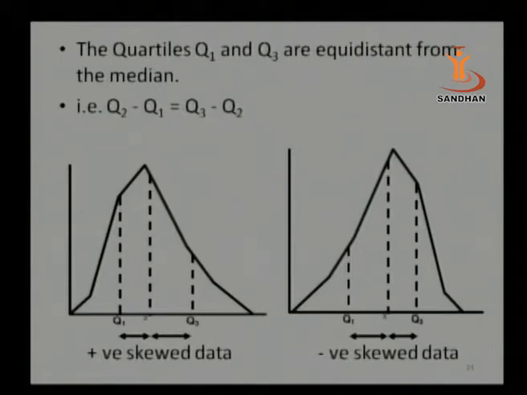It is given in the figure that your quartile Q2 will be quite near Q1 in the case of positive skewed data. On the other hand, if you have negative skewed data, your Q2 will be quite near Q3. It means that in the case of non-normal data, the distances of Q1 and Q3 are never the same about Q2.